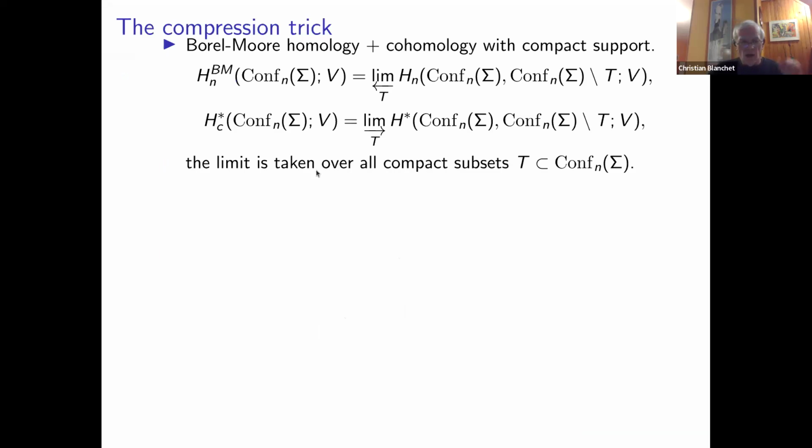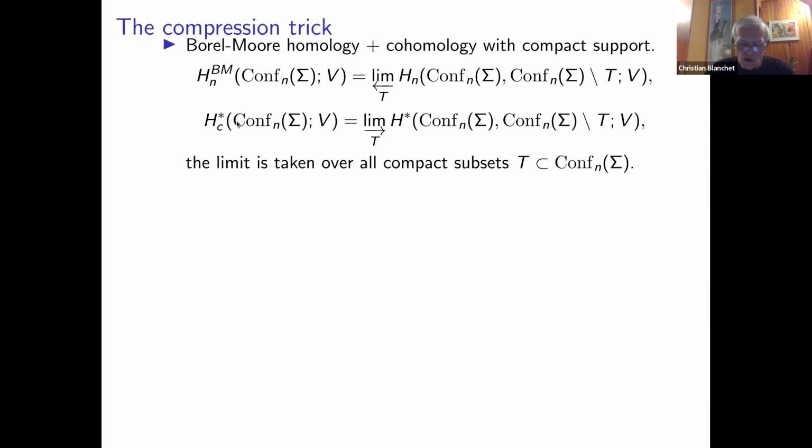And now I will state a quite strong result, which is called the compression trick, and I think it's due to Stephen Bigelow. And this will work not for the native homology, but for Borel-Moore homology and cohomology with compact support. So the Borel-Moore homology is defined as an inverse limit relative to the complement of a compact subspace.